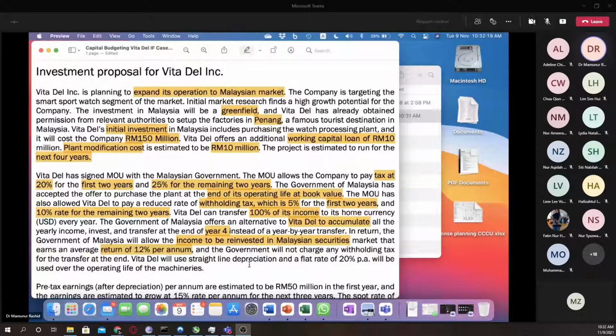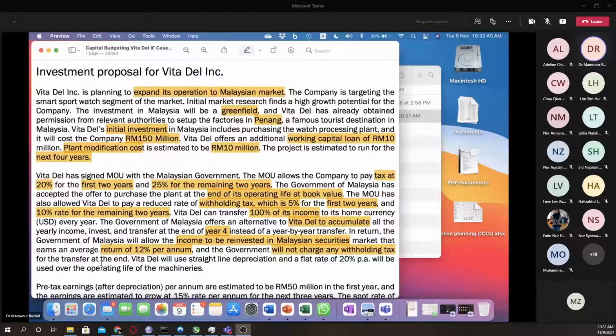So instead of investing and transferring every year to your mother company in the US, you can actually transfer everything at the end of year 4, okay? And you can earn 12% per annum until year 4, and the government will not charge any withholding tax for the transfer at the end.